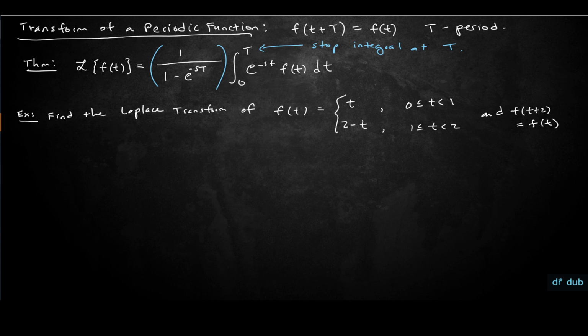So what does this function look like? Let's say this is 1, this is 2, this is 3, this is 4, 5, 6.